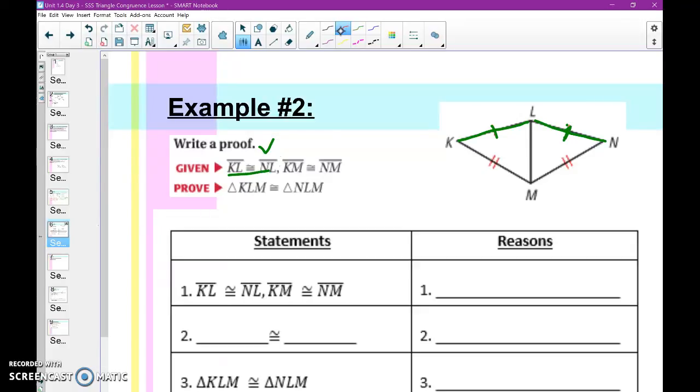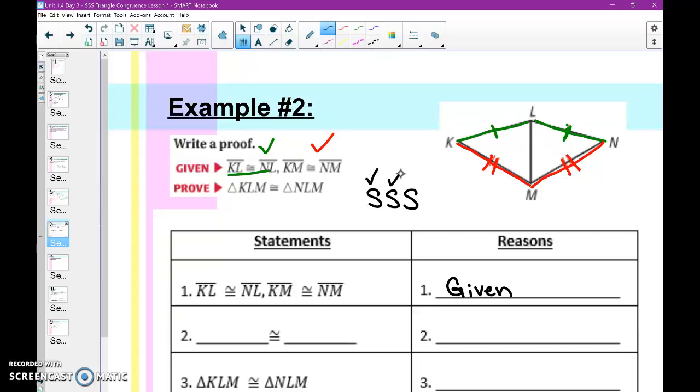Don't have to mark it in the picture. They also tell us that KM, which has double tick marks, is congruent to NM, also double tick marks. So awesome. That's already done for us. So given, checked off, written in, awesome. Remember, our goal today is to get all 3 sides marked, and they already give us 2 pairs of sides already done. So check mark, boom.